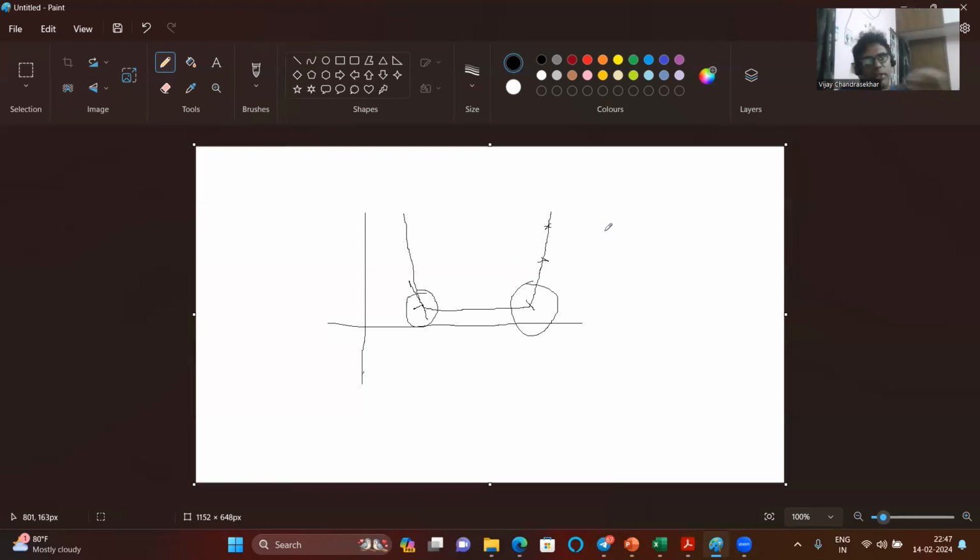So the way to measure the extent of curvature is by looking at the second order derivative. If the second order derivative is high, then it's extremely curved. The curvature is high. If the second order derivative is low, then you can say that it isn't that curved. All right.